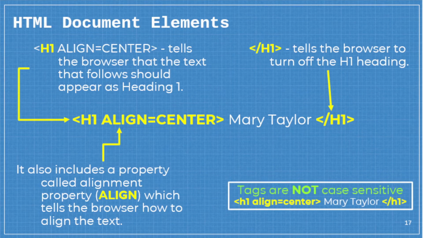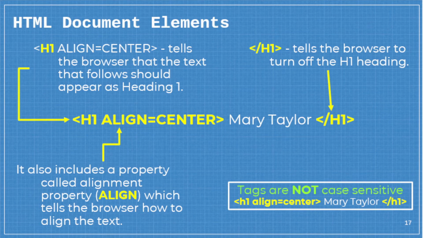Now tags are not case sensitive. So you can actually write the tags in small letters. H1, small letters, align center, and then /H1. But here's the thing, guys. Only the tags are not case sensitive. The document contents depend on how you will display them.